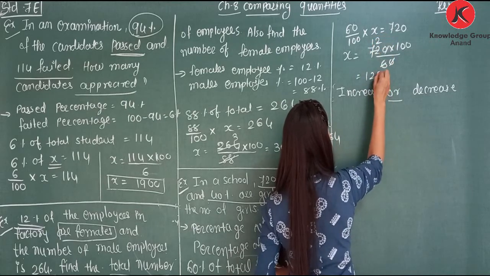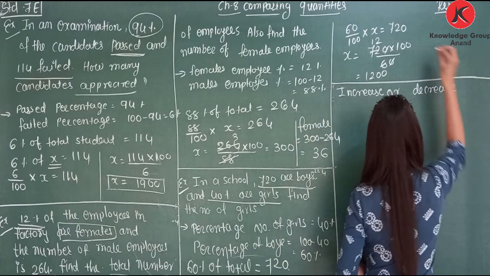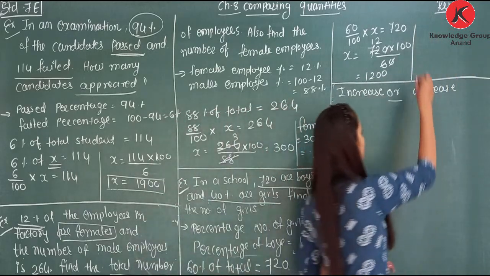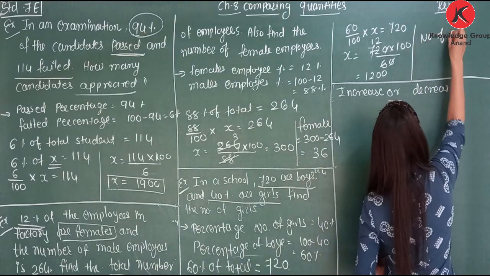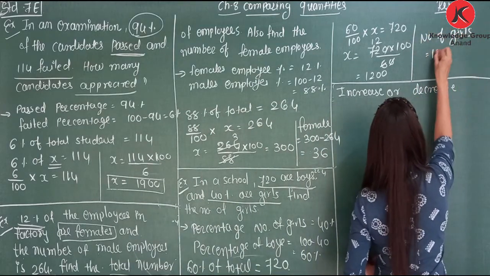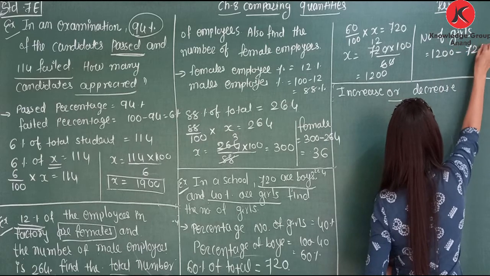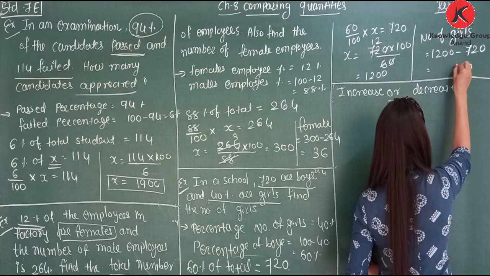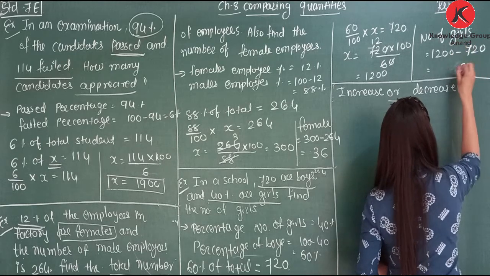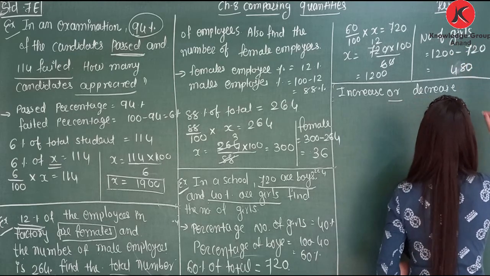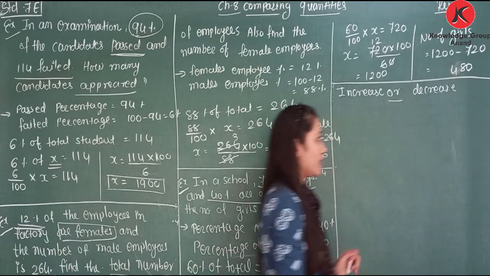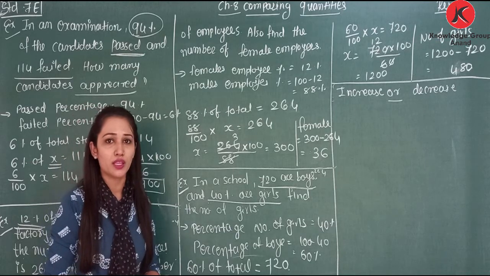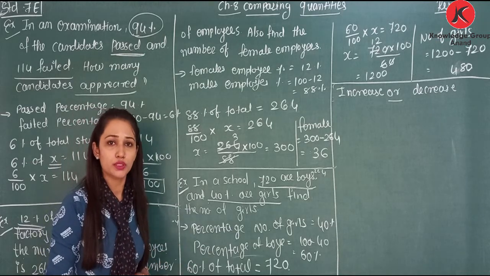That is 1200, the number of total students. So the number of girls is equal to total students minus number of boys. So we will get 480 girls.